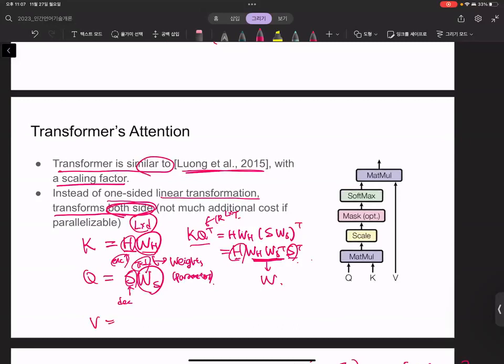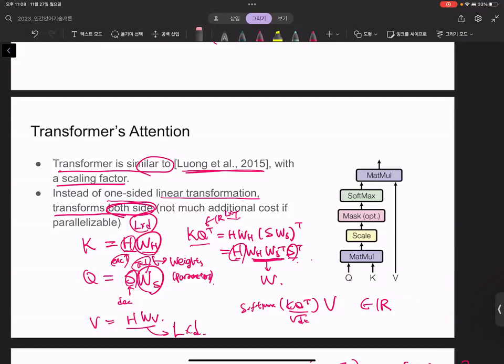Ah, I almost forgot V. V is HWV. So KQ transpose should be L by T, and V is L by D. So softmax of KQ transpose over square root of dk times V should be N by L by T. Oops.